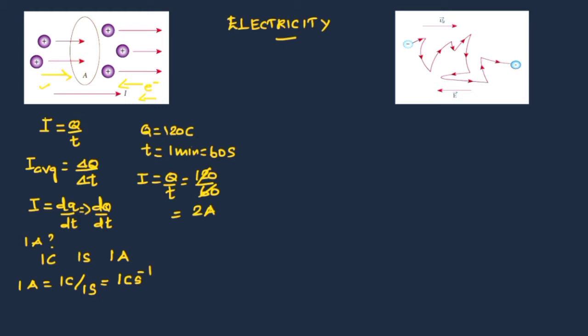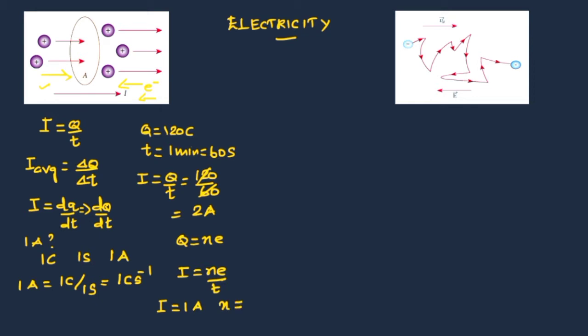Sometimes, if you use the formula Q is equal to NE, this can be written as I is equal to NE divided by T. If 1 ampere current flows, what is the number of electrons required for 1 ampere current?